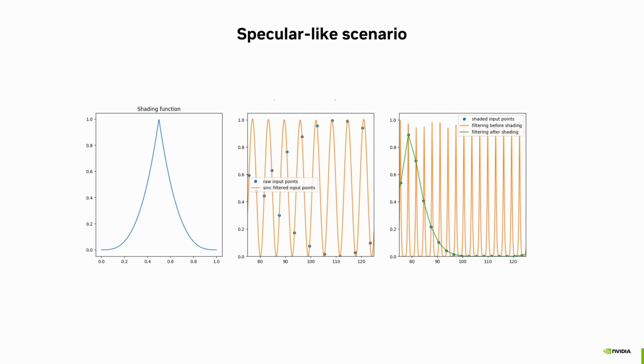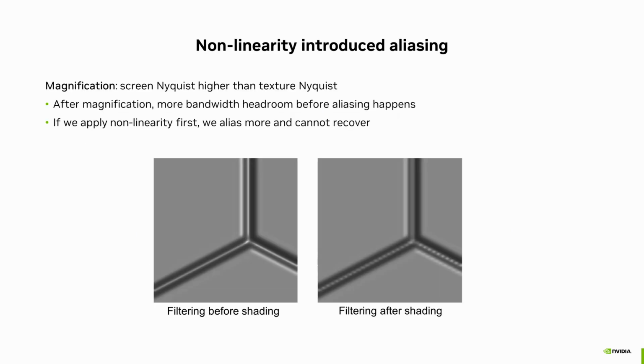What does this nonlinearity-introduced aliasing mean in practice for magnification? During magnification, screen Nyquist is higher than the texture Nyquist. If we magnify a texture first, we have significantly more headroom before the Nyquist frequency and before aliasing happens. If we apply nonlinearity first, we alias immediately and then upsample those aliasing artifacts.